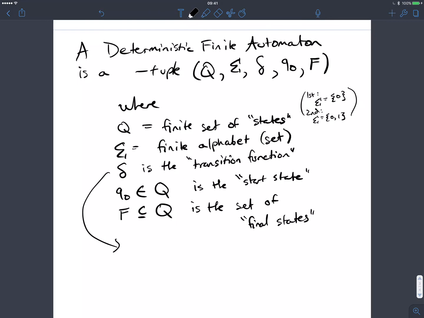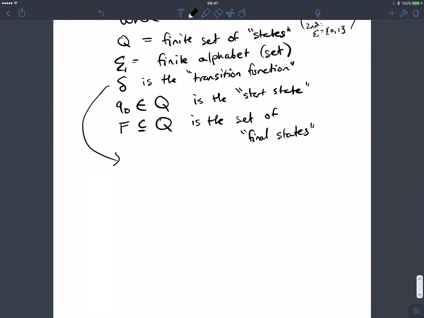Okay, so computers are deterministic or not? It's important to understand. Should I ever have the possibility of having some state and some input symbol not go somewhere? No. Should I ever have the possibility of having some state and no input symbol associated with that state on a transition? No. So every state with every input symbol goes to one state. Delta is just a transition function, so it takes in a state and an input symbol and outputs a state.